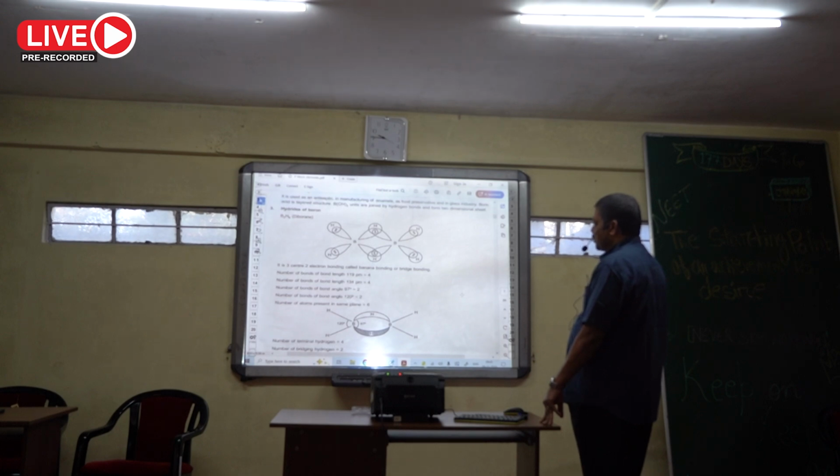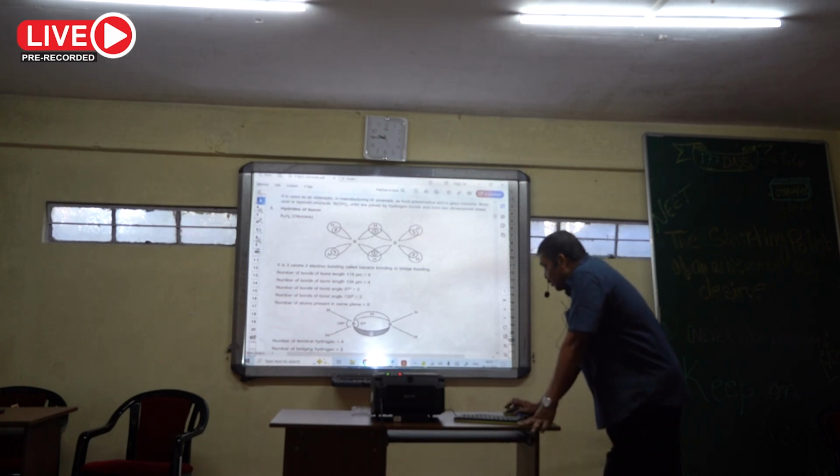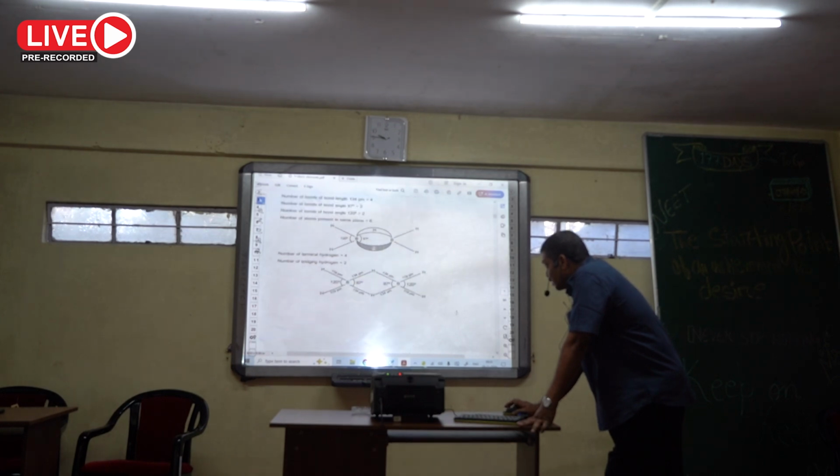So banana bonds are bridge bonds. Yesterday we discussed. But in the same structure you write 120 angle here and 97 angle here. Here 120, here 97. This structure you can see.